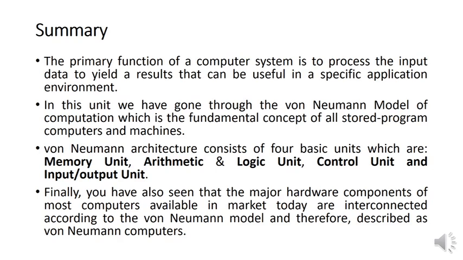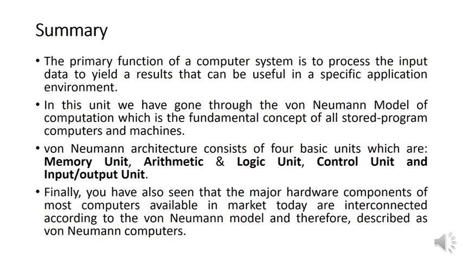Then we went through the von Neumann computational architecture. We also told you that it consists of four basic units: the memory unit, the arithmetic and logic unit, the control unit, and the input and output unit.